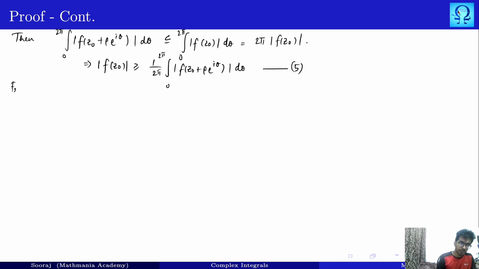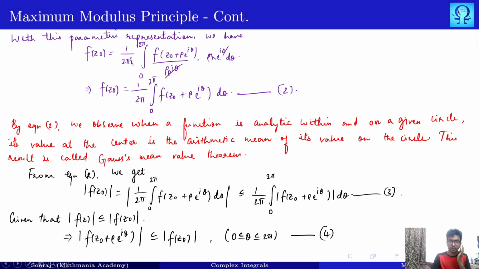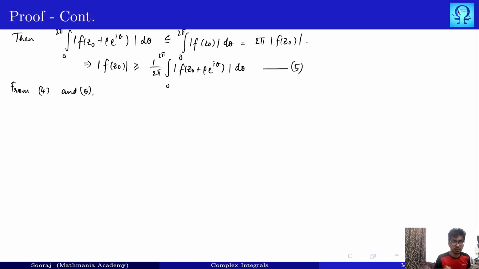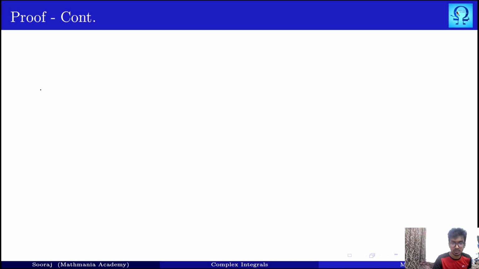Now from equation 4 and 5, so what is equation 4? That is absolute value of f of z naught is smaller than or equal to 1 upon 2 pi times integral 0 to 2 pi absolute value of f of z naught plus rho e power iota theta d theta. And equation 5 is, sorry, that is not equation 4, that is equation 3.